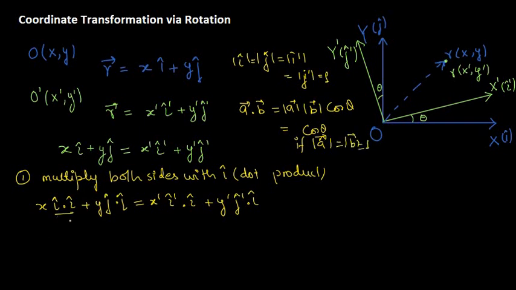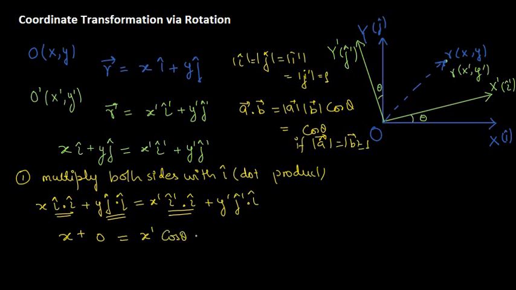So from here, this will equal 1. So x plus this will equal 0 because i and j are perpendicular to each other, is equal to x prime. This will be the angle between i prime and i. So the angle between i prime and i is theta.